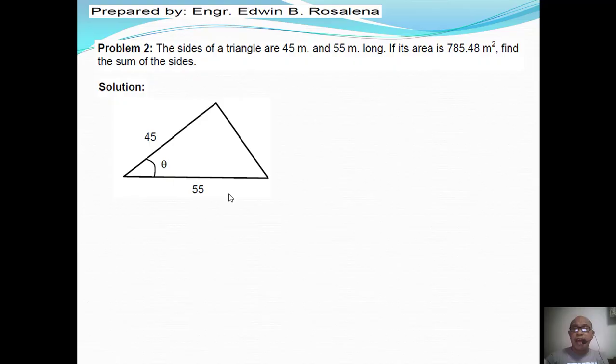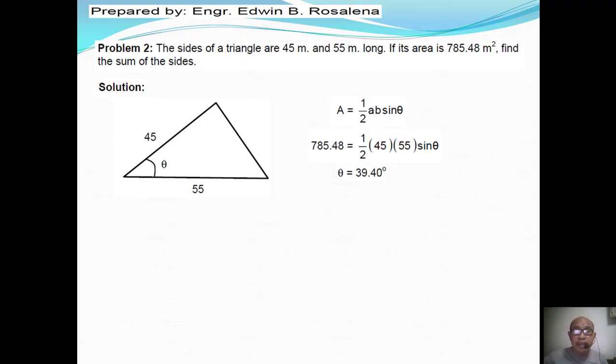So using the formula with the area and the two sides, we can solve for the angle theta. Okay? So if we substitute, area is 785.48 equals 1/2 times 45 times 55 times sine of the angle theta. And the angle theta can be solved as 39.40.